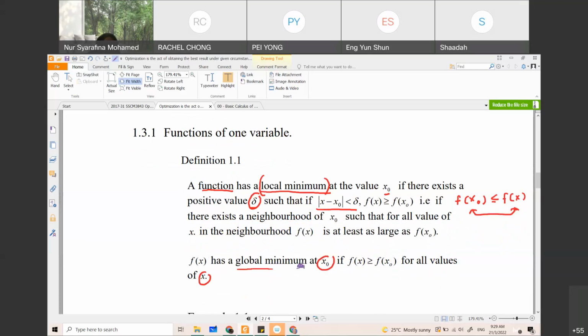So for global, there is no need for any neighborhood. We don't have to have the positive value of delta. Can you differentiate these two? What is local? What is global? Understand or not?